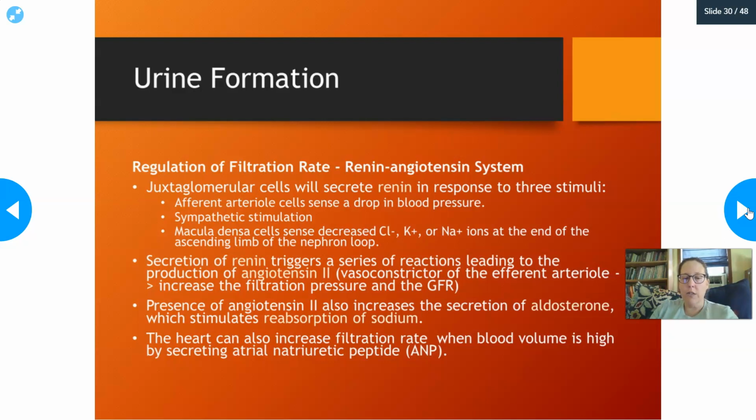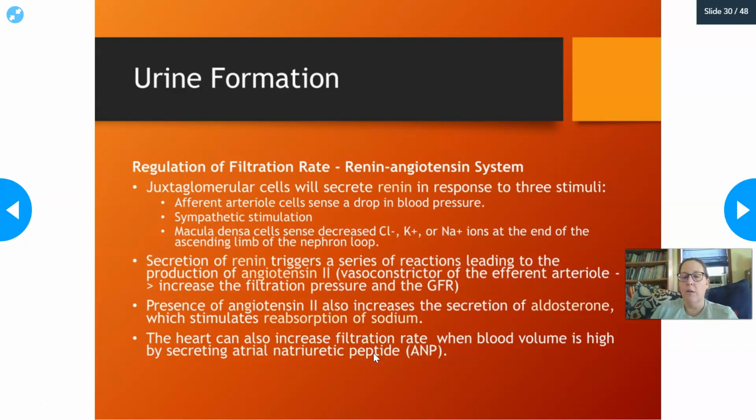And the heart can also increase the filtration rate if the blood volume is high. This is the system that's opposite to the renin-angiotensin system, and this is the natriuretic peptide. Natrium is sodium, so natriuretic makes you dump sodium.